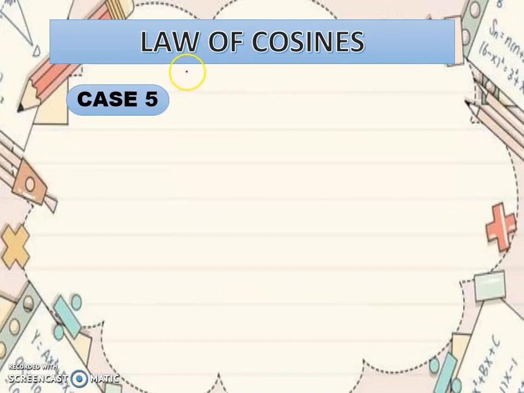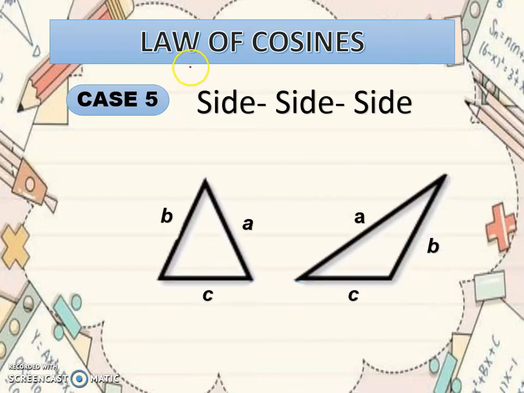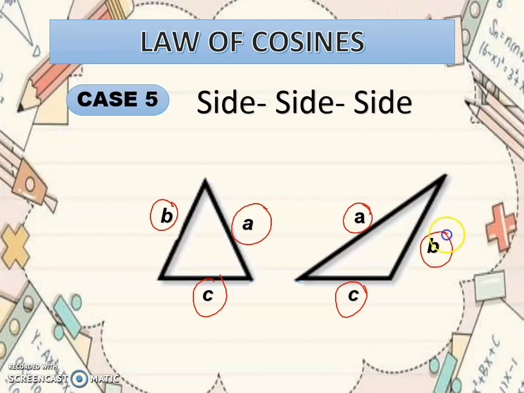For case 5, the last but not the least, this is very easy. Side, side, side, meaning the given in the problem are the 3 sides of the triangle. If this is the given, then it is classified as case 5 and you will use the law of cosines in solving this problem.